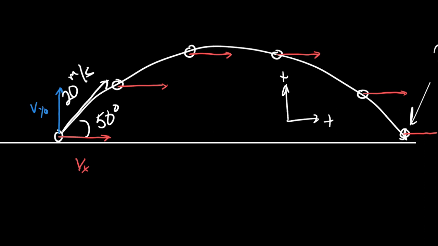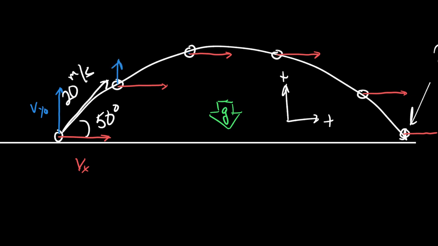Vy is being acted on by gravity, and gravity is acting this way. So the moment it leaves the ground, Vy naught is no longer that size. V is becoming Vy, which means it's some velocity in the future, and it's going to be less.